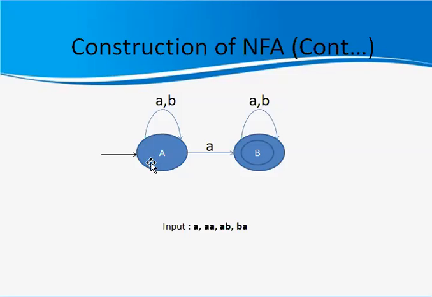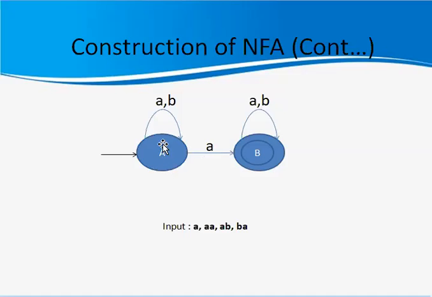Now starting from the initial state A, we can move to state A on input small a, or we can move from state A to B on input small a. So in NFA, a string is said to be accepted when any of the possible moves ends at the final state.